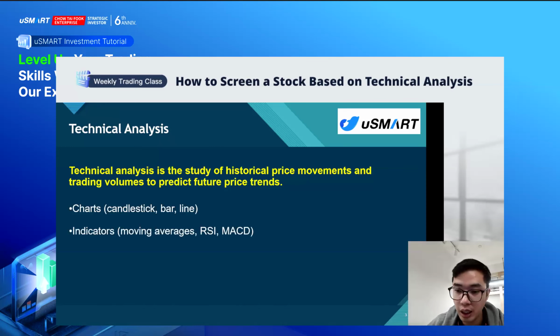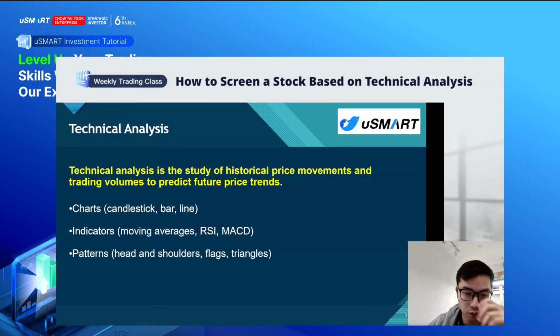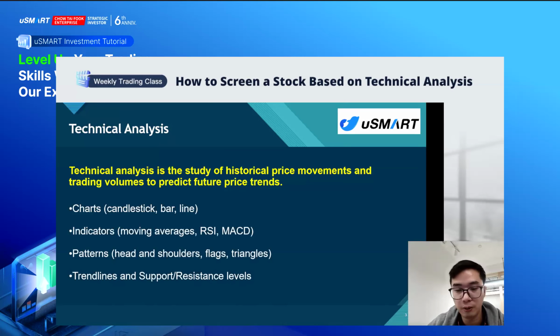Then in technical analysis, we will also use indicators, like moving average, relative strength index, and also MACD. Then we also use chart patterns like head and shoulders, flags, triangles, double bottom, all those very common chart patterns.